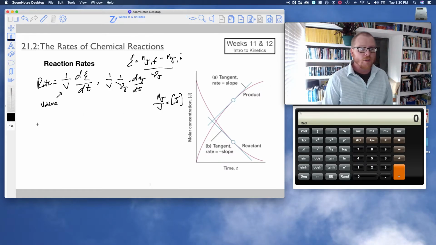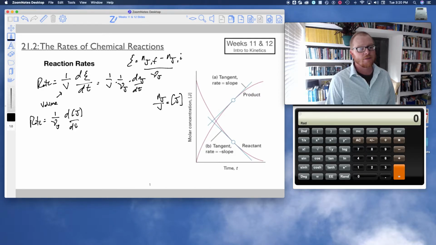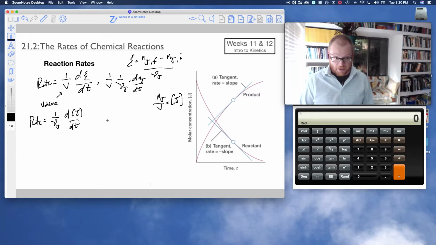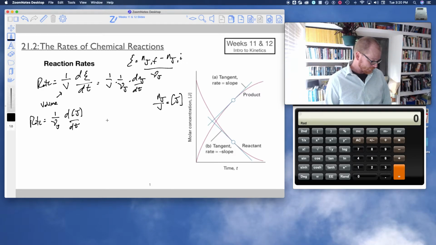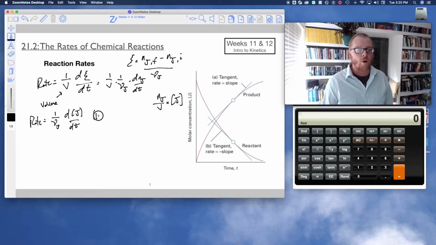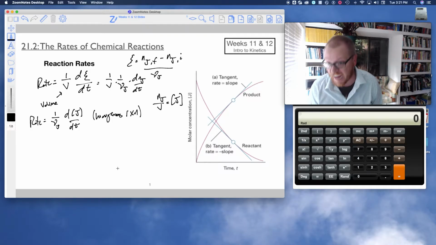So the rate of any one individual reactant will always be 1 over its stoichiometric coefficient times the change in concentration with respect to time. And this is for a homogeneous reaction in a constant volume container.